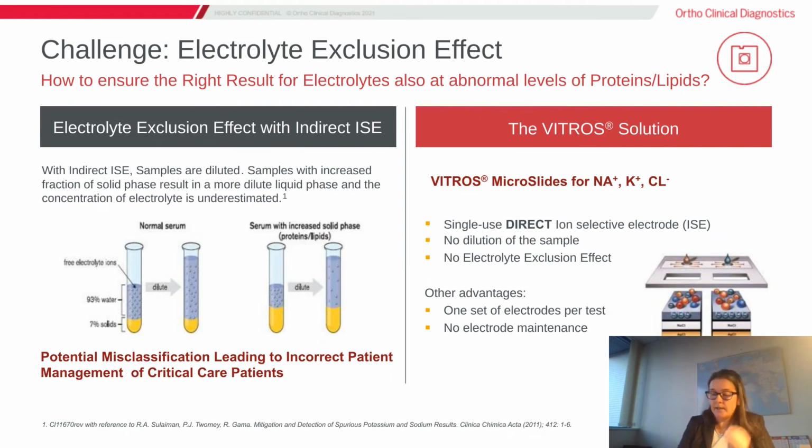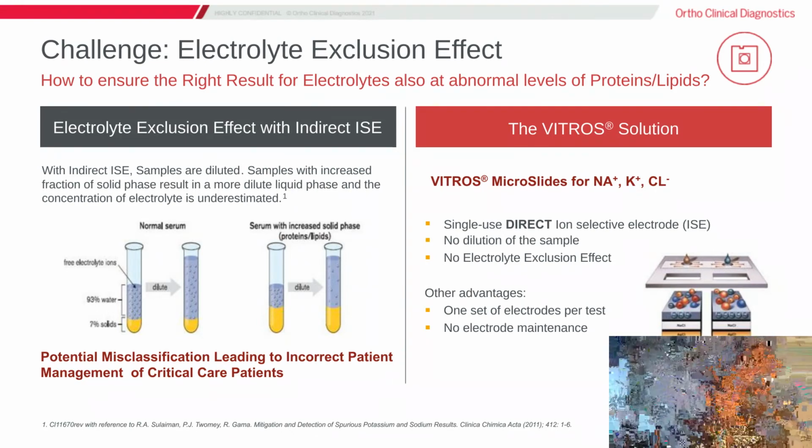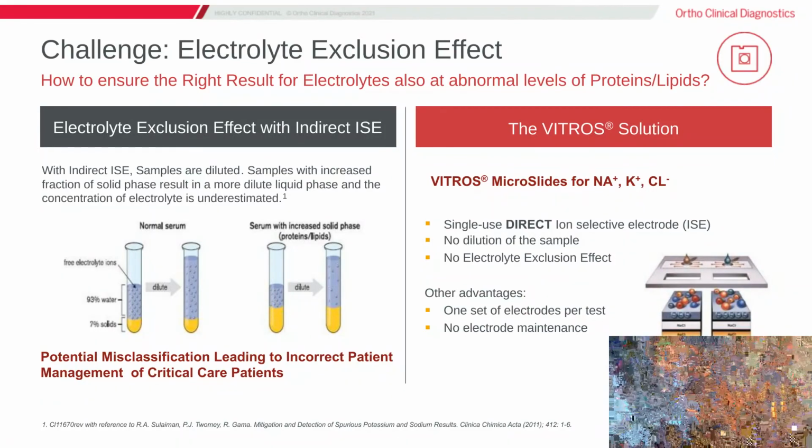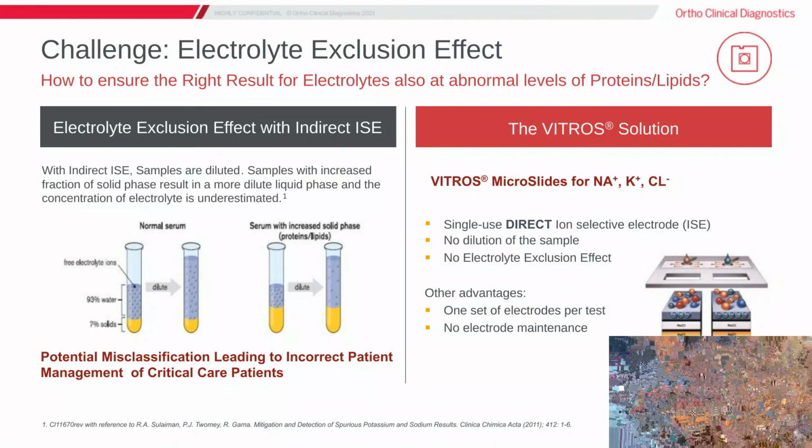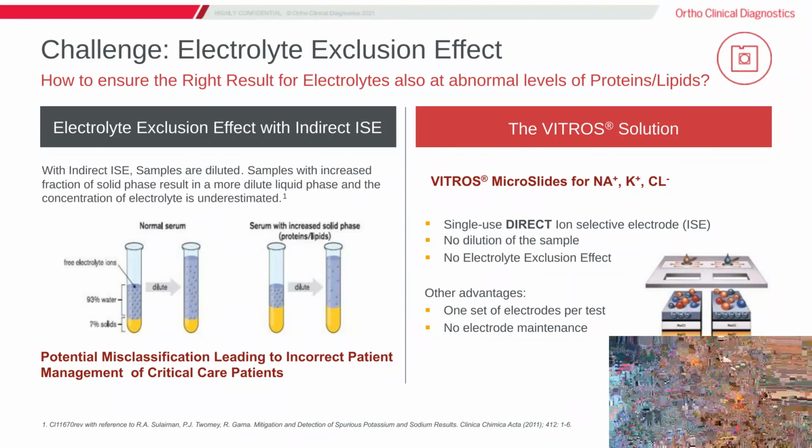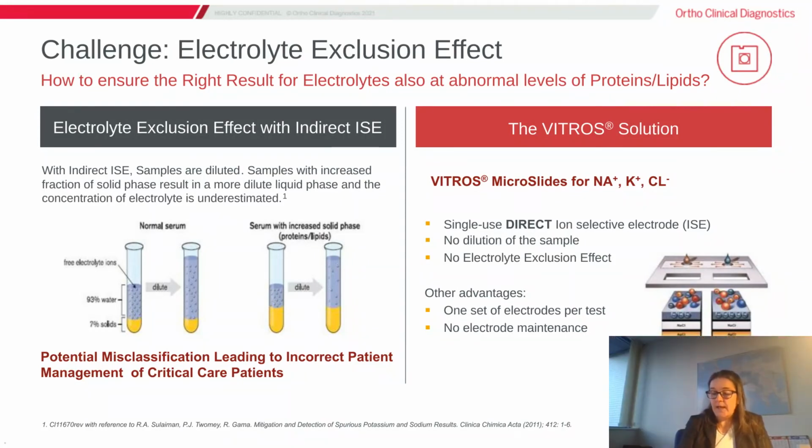And on the right side, the VITROS solution to this issue is the use of direct ISE, where samples are not diluted. Another advantage that comes with the use of this slide format is that there are no electrodes to maintain, and calibrations are stable for a very long time, 6 months or even up to 1 year.